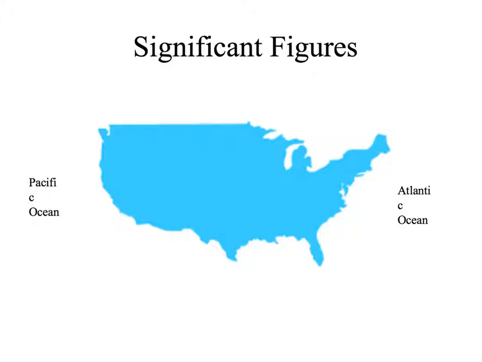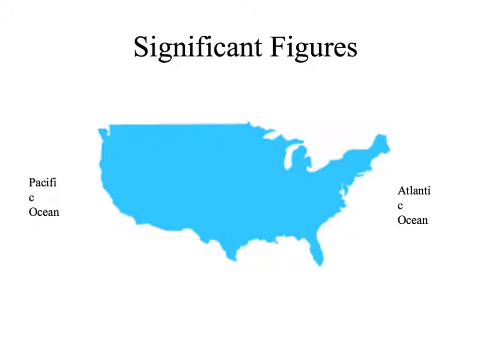We do have significant figures that are associated with our values, and I think it's easiest to think about significant figures in terms of the United States and whether we have decimal points present or absent. So we know that to the right of the United States, we have the Atlantic Ocean.